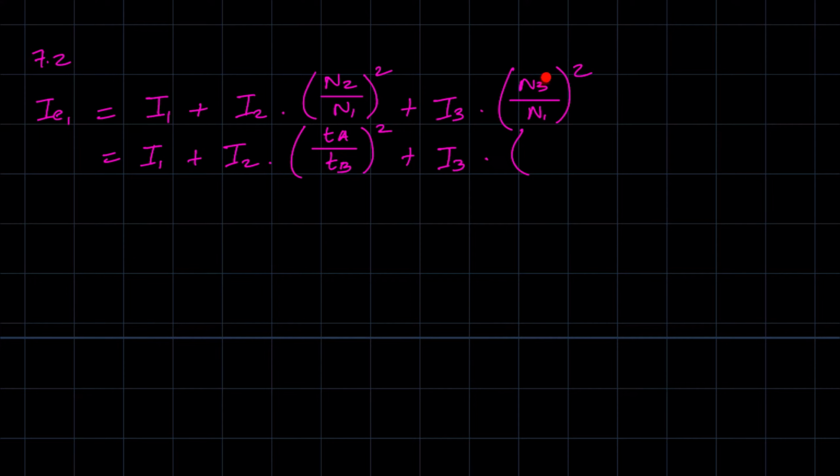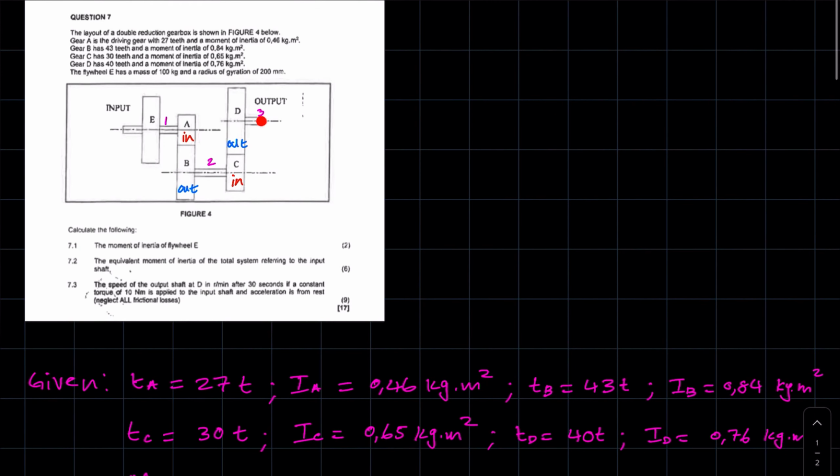If you look at how this gear ratio is expressed, it is in terms of N3 over N1, and from the diagram we know N3 is the output shaft. So essentially we have N out over N in, where N1 is the input shaft. How we express the gear ratio in terms of number of teeth is opposite to how we express it in terms of the rotational frequency.